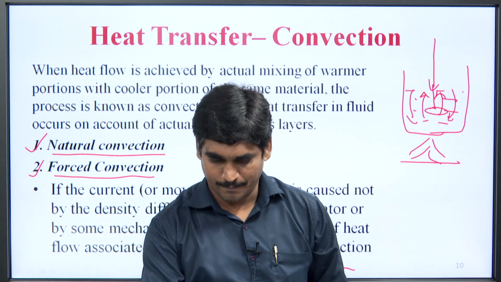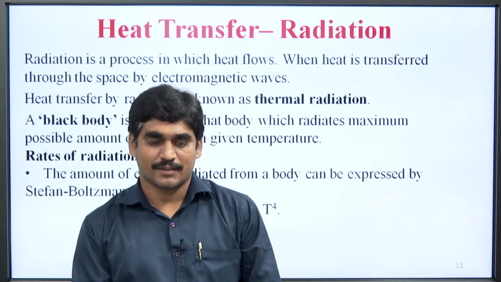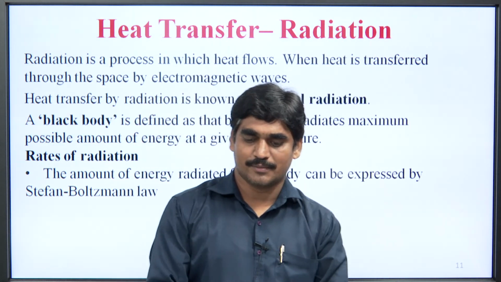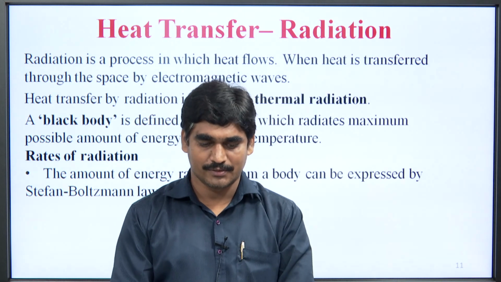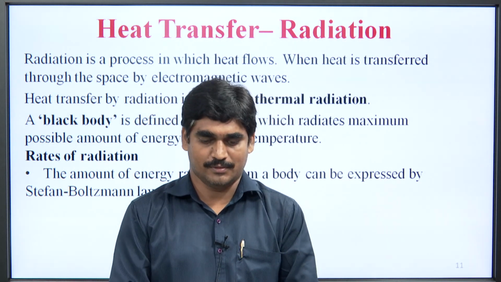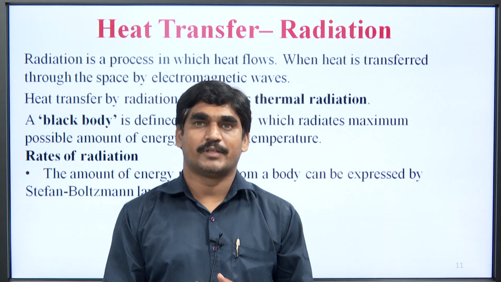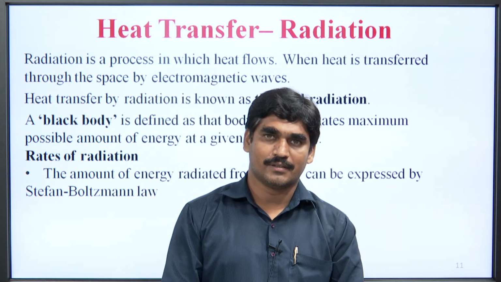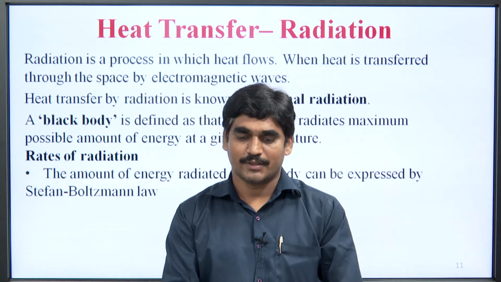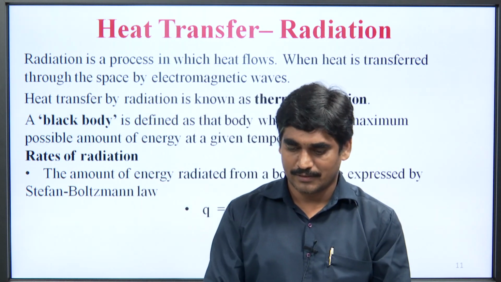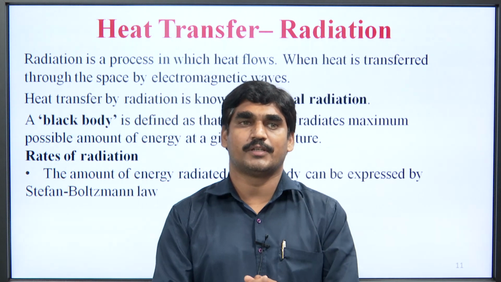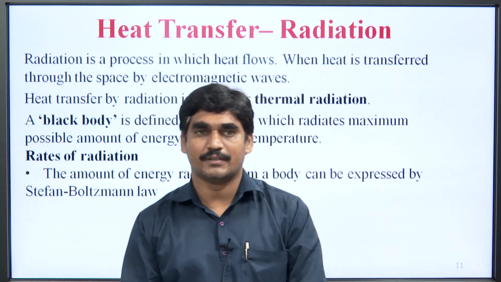forced convection. Heat transfer by radiation is a process in which heat is transferred through space by electromagnetic waves, also called thermal radiation. A black body is defined as that body which radiates the maximum possible amount of energy at a given temperature.